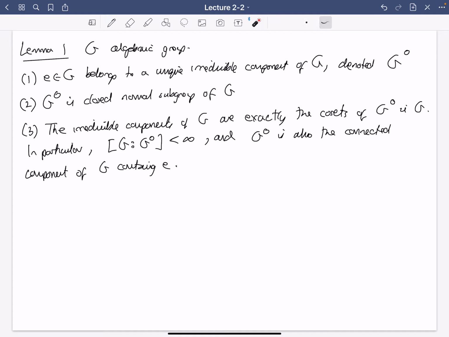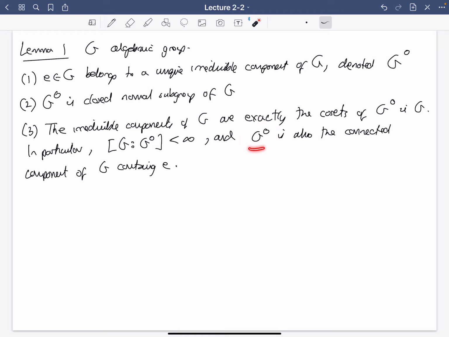So let's see, there's a few things to say there. Why is this a consequence? It's immediate that if you're irreducible, you're connected. So G0, the way we've just defined it, is irreducible, so it's definitely connected.